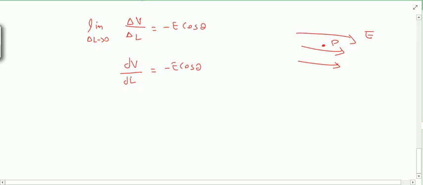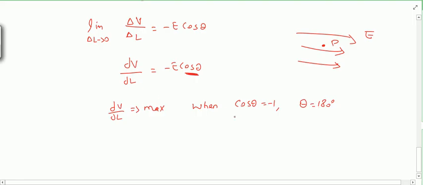Now if you want to find the maximum value of dV by dl, when will it be maximum? It will be maximum when cos theta equals minus 1. That is, theta equals 180 degrees.